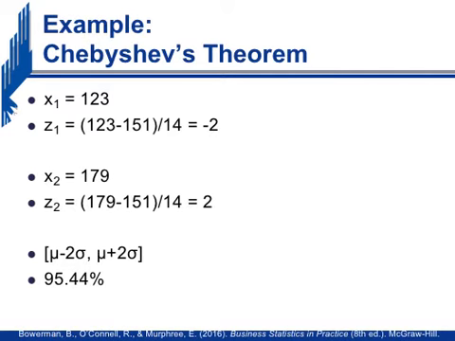So we make that conclusion if we don't know the distribution of the dataset. Now, if the dataset was actually normal, it does not mean that our interpretation using Chebyshev's theorem was incorrect. Earlier, we concluded that the interval 123 to 179 contains at least 75%. So if the dataset was actually normal, the actual percentage is 95.44%, which shows us that even if you used Chebyshev's theorem, the interpretation made is still correct.